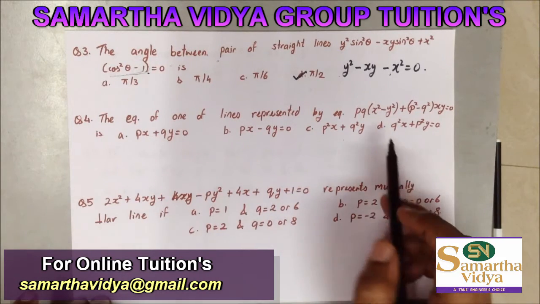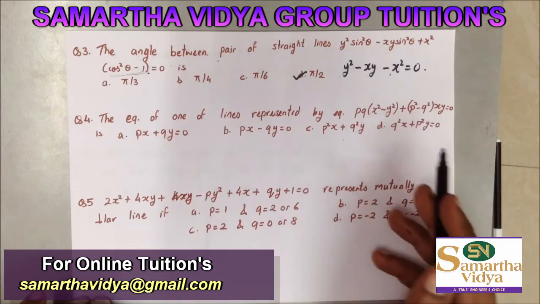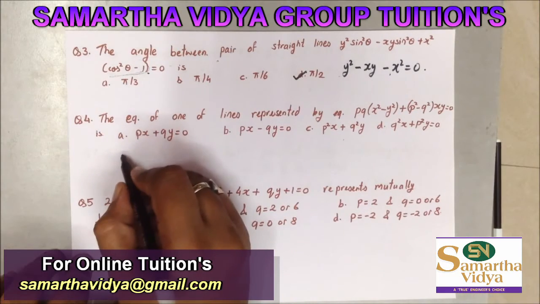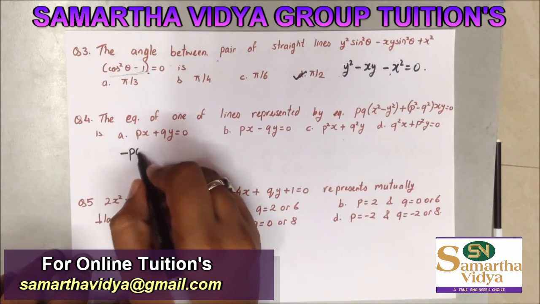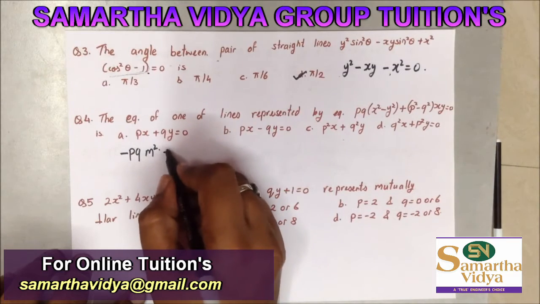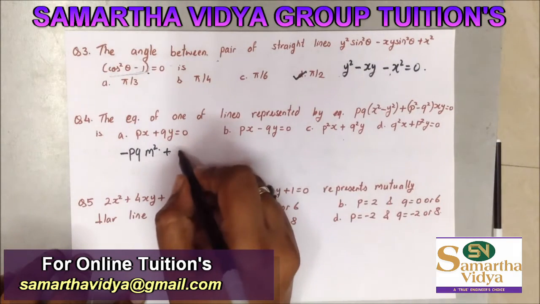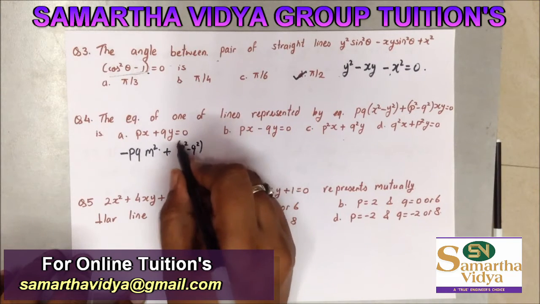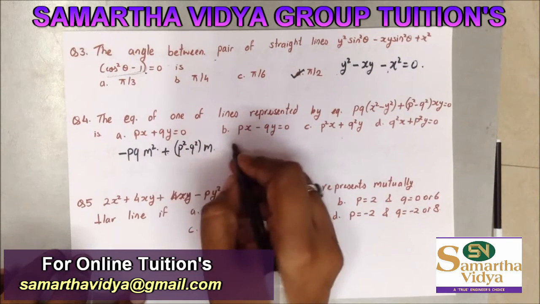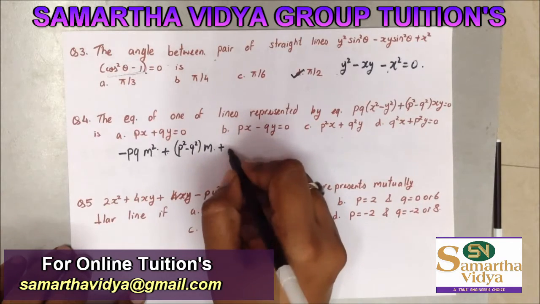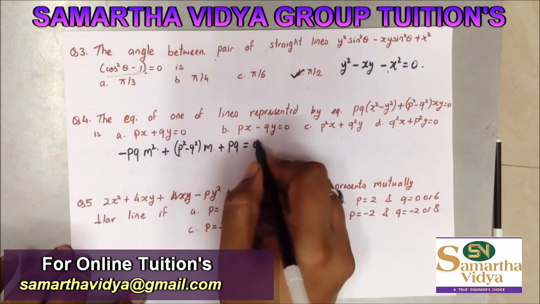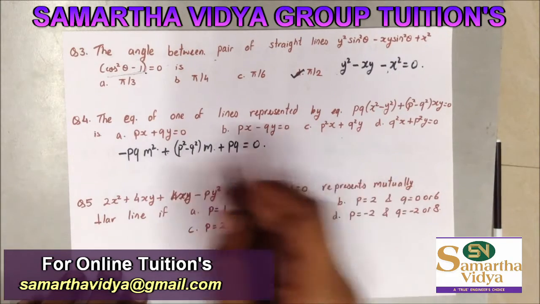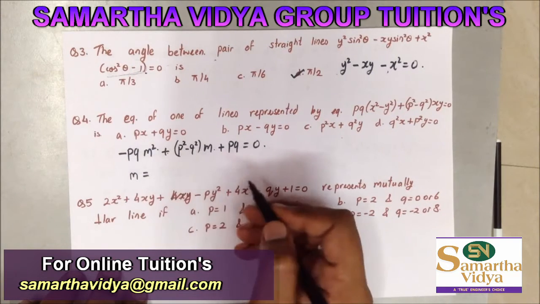So what we need to do is convert this equation in the m form. We'll be getting this as minus pq m square plus p square minus q square m plus pq is equal to 0. So this is the equation, and now we need to find the roots of this equation.